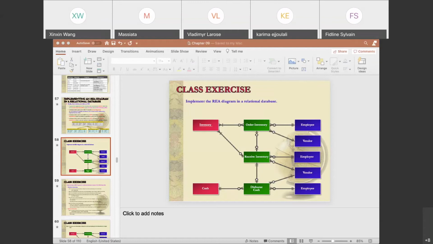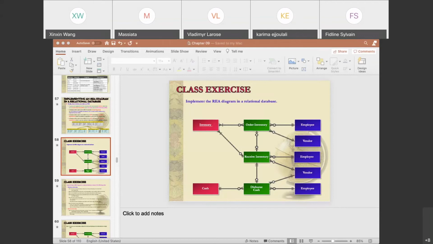Okay. So she said, how about the receive inventory table? Which ones were the primary key? The primary key on the first table the student was talking about is the foreign key on that table.